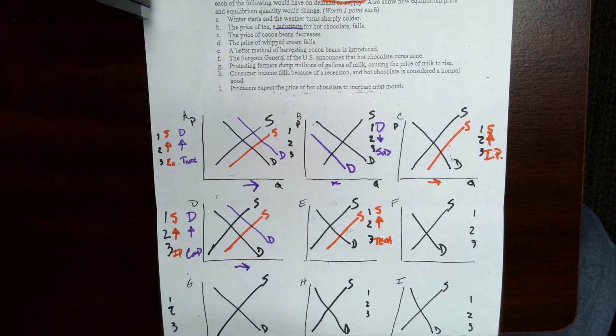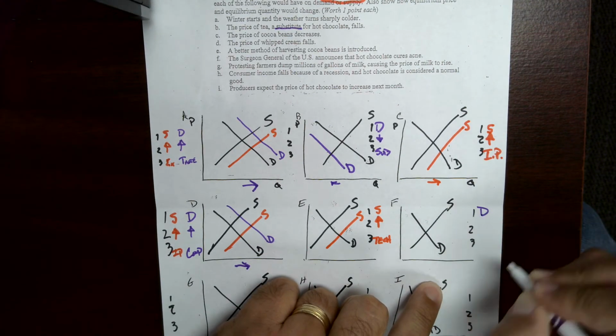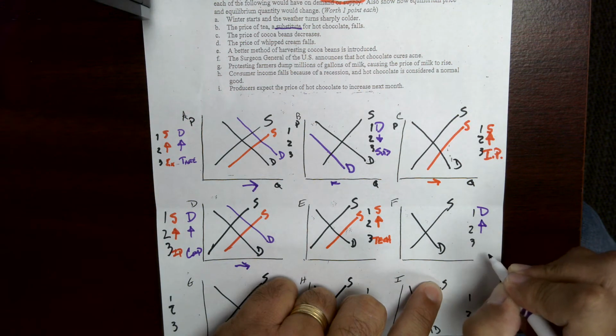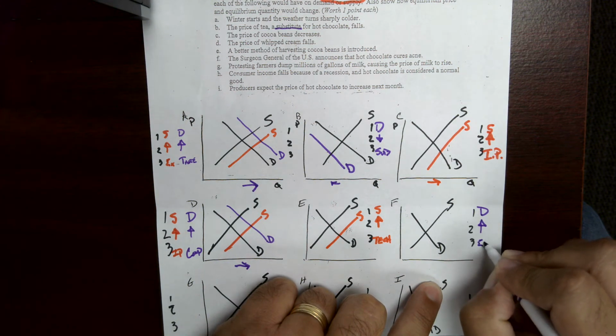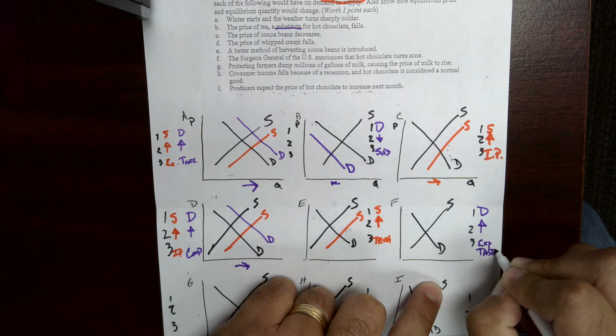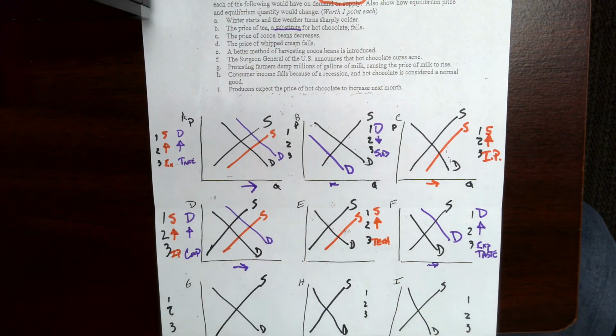Hey, all teenagers, pay attention. This would be a demand issue. It's an increase because it's going to cure acne, which can be either an expectation or taste, so your demand increases and the curve should go to the right.